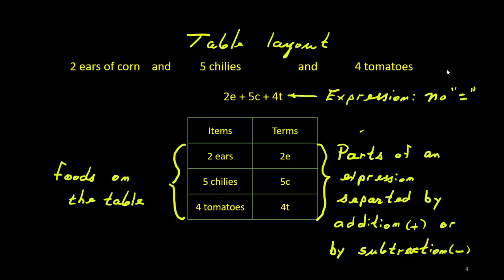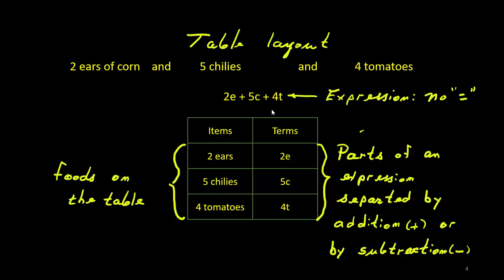And 4 tomatoes becomes 4T. The word "and" became an addition sign. And this whole thing right here, 2E plus 5C plus 4T, is our expression.